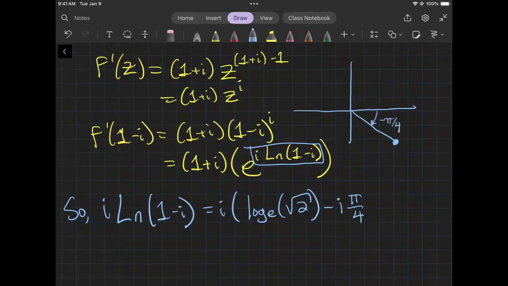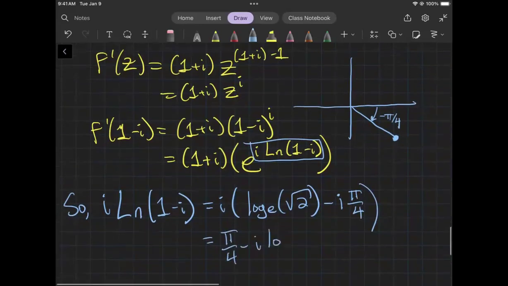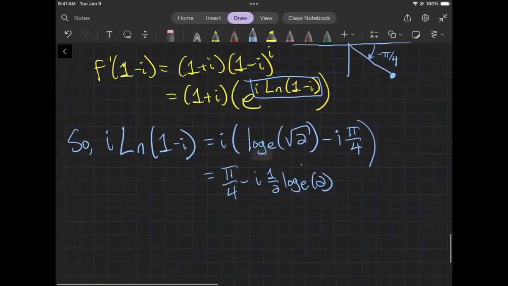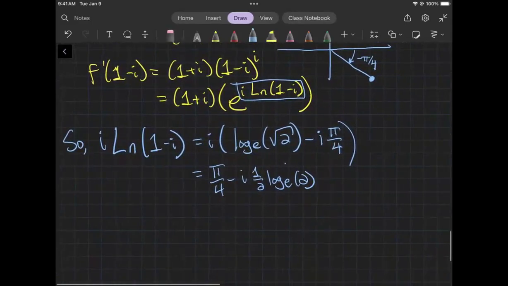Okay. So we'll have pi over 4 minus I times 1/2 log base e of 2.